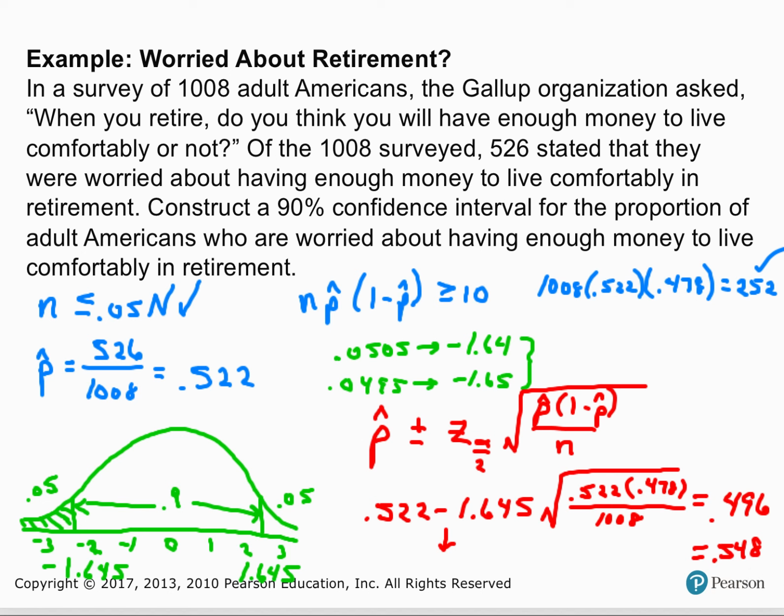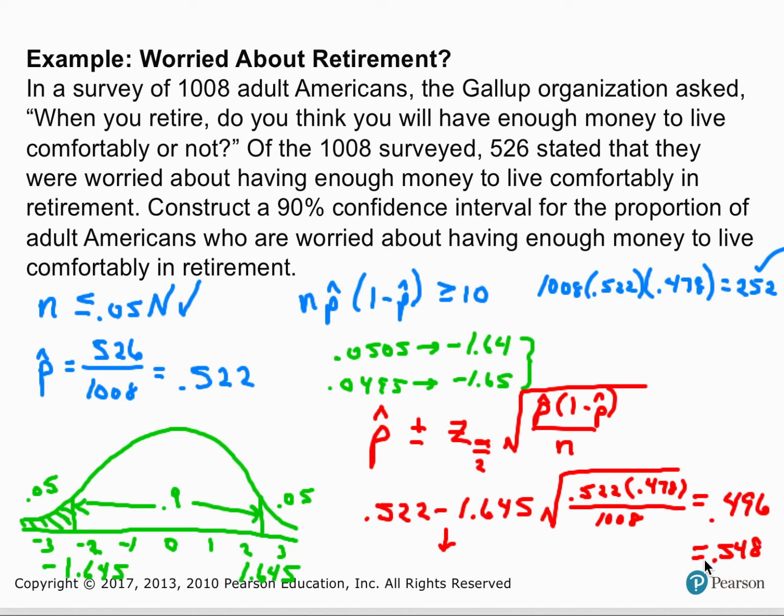Let's double check it inside the calculator. Okay, so I go to Stat, Test, but this time I need to go way down to A to get my Z interval. Okay, X is 526, 1008.